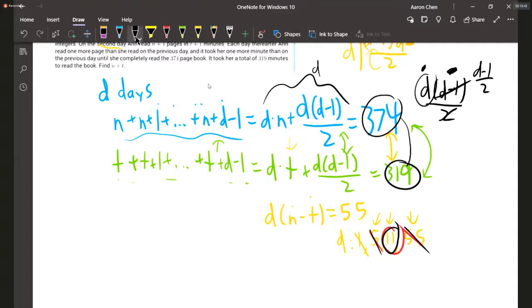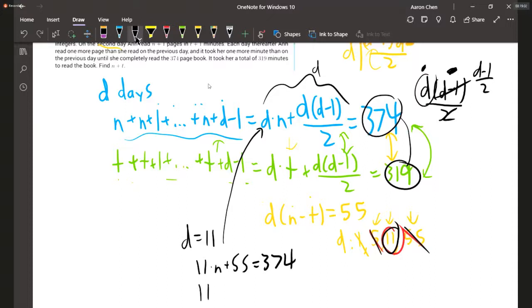And so after this, we can just plug in d equals 11 back into these equations. And so 11 times n plus 55 equals 374. And 11 times t plus 55 equals 319.